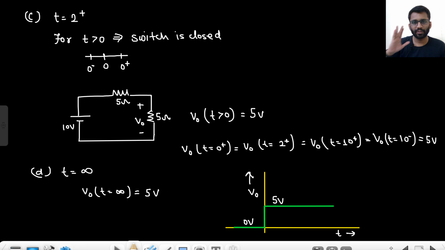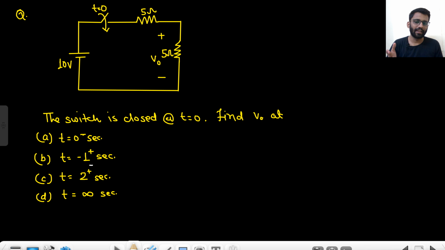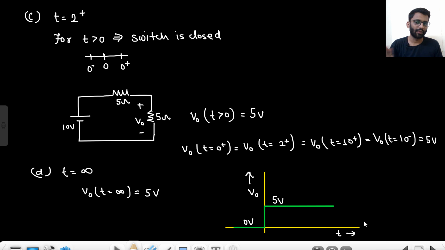So I hope you have understood the concept of time now. What do you mean by t equals 0, t equals 0 plus, t equals 1, t equals 1 plus? This was not an example of transient, because here there is always steady state, because there are resistors. In a resistor, it won't take time to reach any voltage, but when there is a capacitor, it will take time to reach a certain voltage.